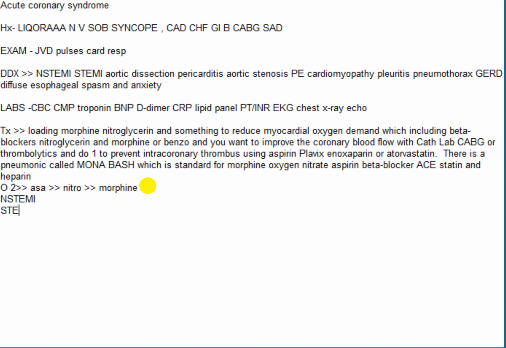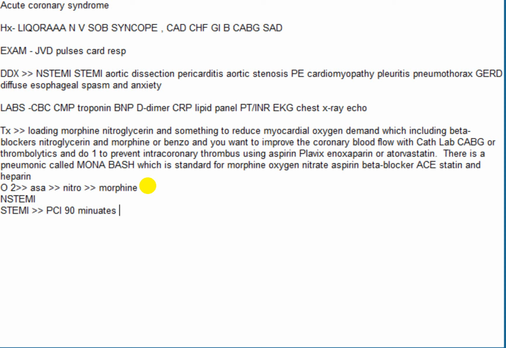If someone has a STEMI, then the best thing to do is PCI, door to balloon time ASAP within 90 minutes. And then you can add an ACE inhibitor if the blood pressure tolerates after reperfusion therapy, because trials support that it decreases mortality.